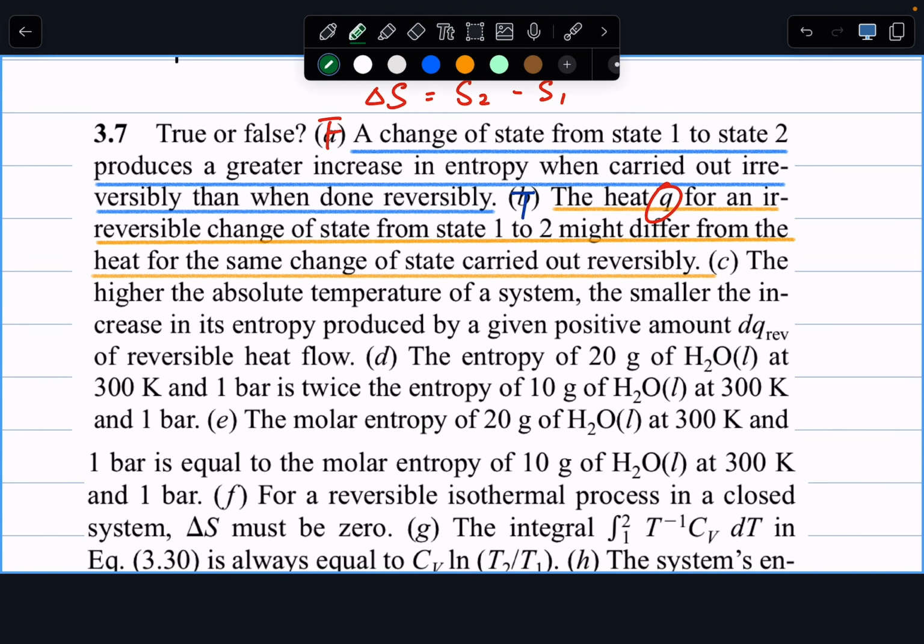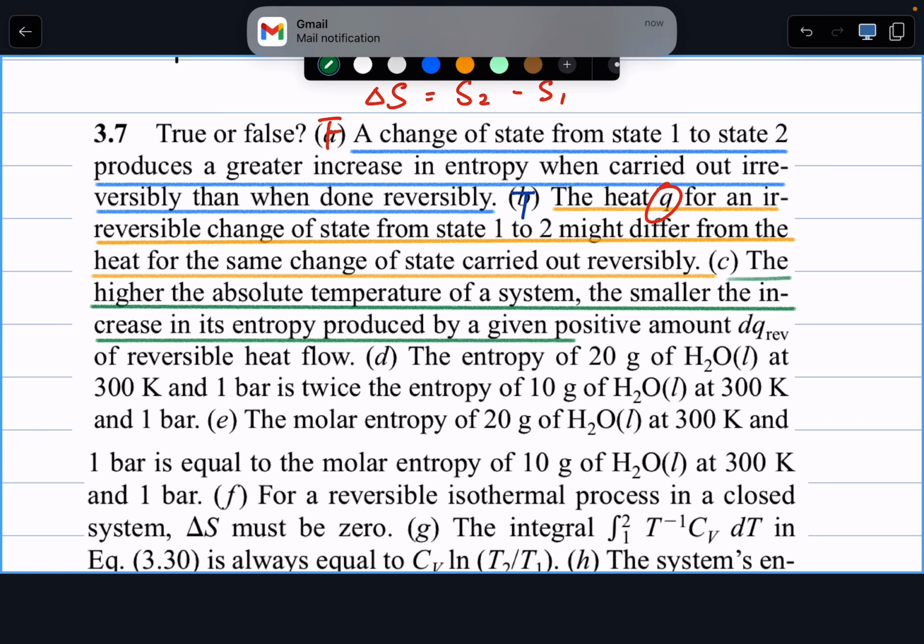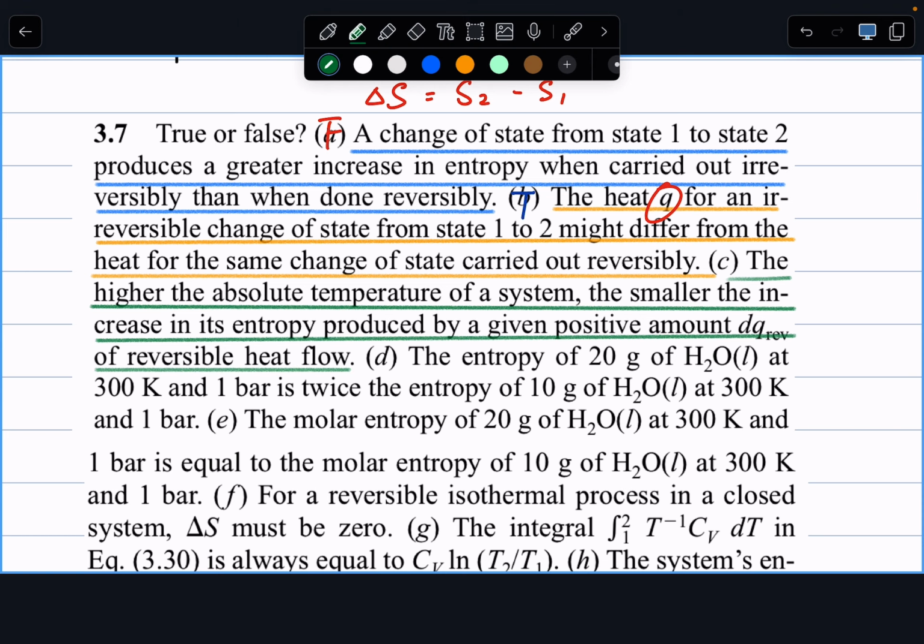Next up, the higher the absolute temperature of a system, the smaller the increase in its entropy produced by a given positive amount of dq reversible, of a reversible heat flow.